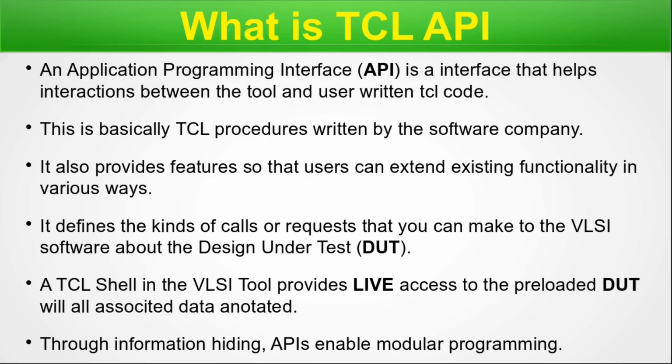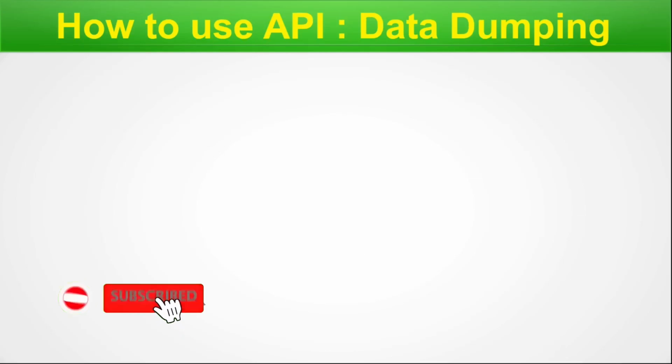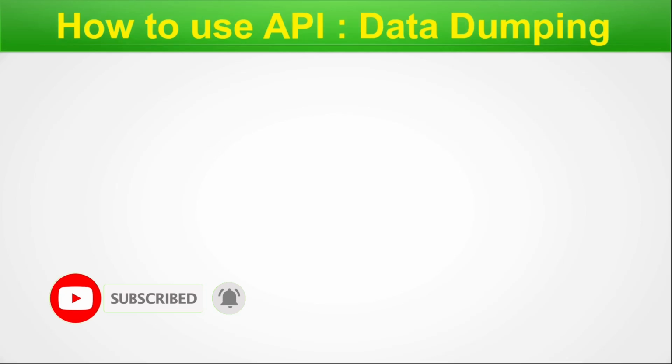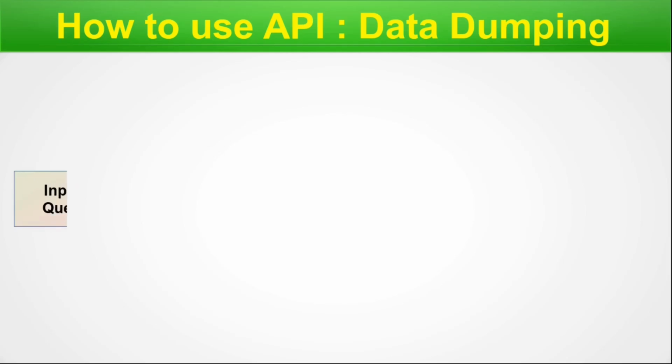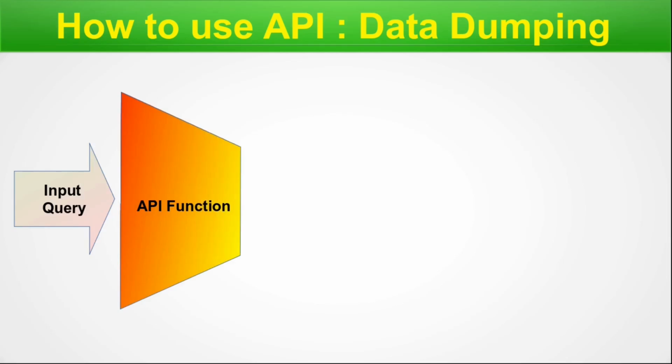Let's go to the next section and see how the API performs. In this particular section, we will be talking about how to use the API for data dumping. So let's begin. Here, first your input query is entered through the API function. So the API function here will carry out your input query.